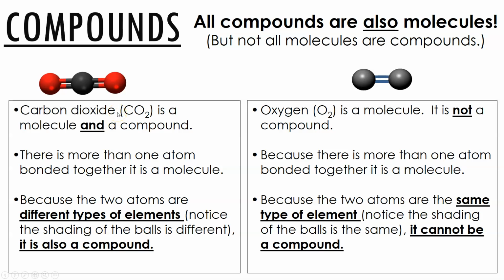If you compare that to oxygen gas over here, it is a molecule. We have more than one atom bonded together, so it's a molecule, but it is not a compound. We only have oxygen atoms here. In order to be a compound, you need at least two types of elements, and we only have one type. We only have oxygen here.